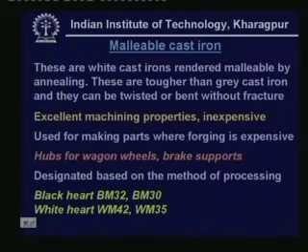In the other way, if it is white earth malleable cast iron, then we designate this as WM42, WM35, and so on and so forth. So these are the designations of the malleable cast iron. This malleable cast iron appears to be a very good material for a machine element. You can see it has machining property and it is inexpensive also.